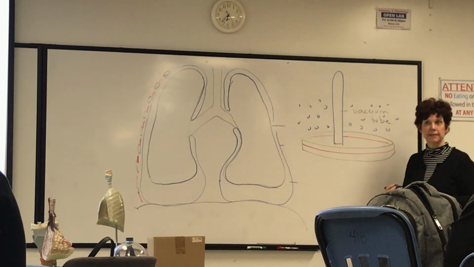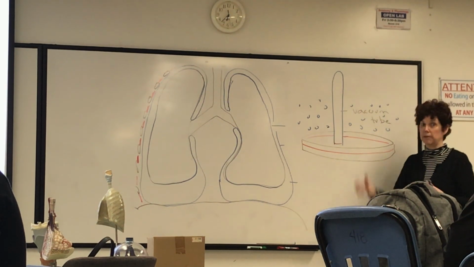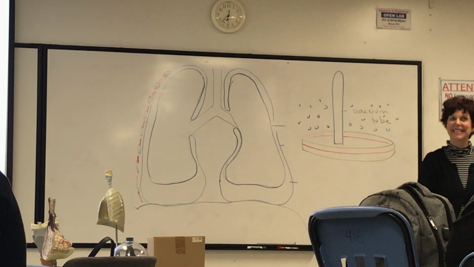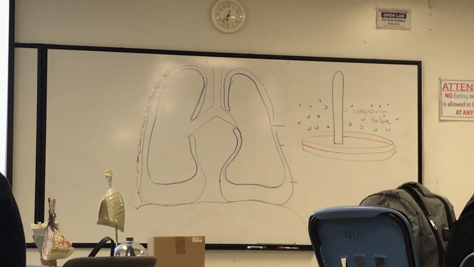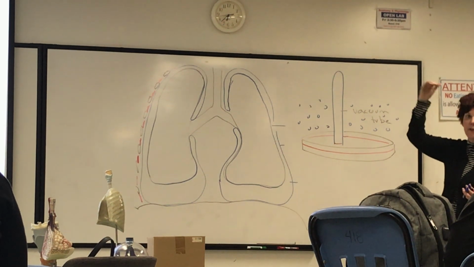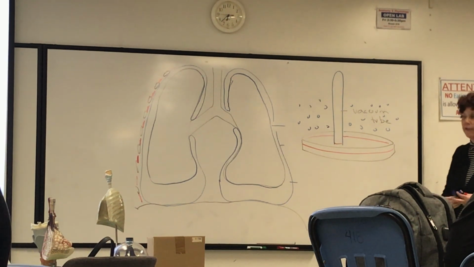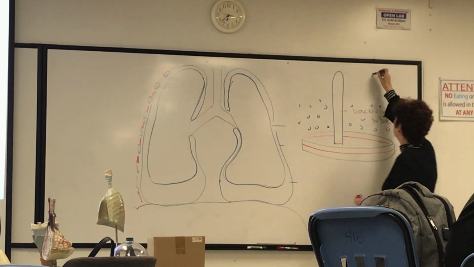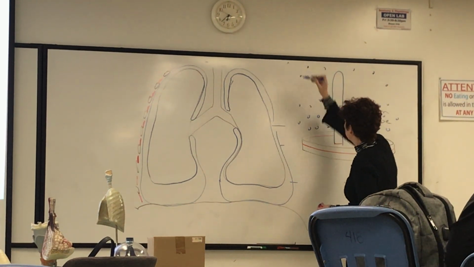Higher because of? Gravity. So gravity pulls, just like the reason you fall off a tree. Gravitational force is pulling you towards the ground. Gravitational force is pulling on the gas molecules because they have a mass. The farther up on Mount Everest, they're farther away from the center of the Earth, so they're farther away from that pull of gravity. So we have fewer gas molecules as we move up in elevation.